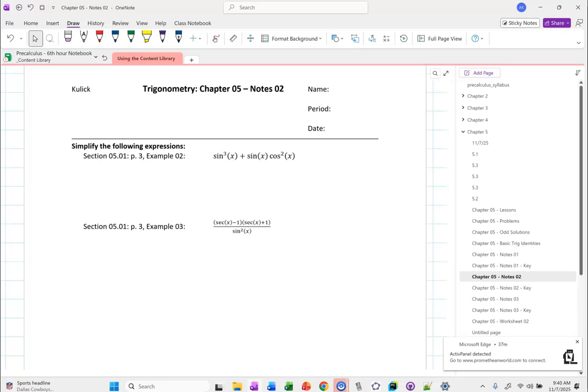Perfect. Yes, if I look at them, we should see a greatest common factor between them. What is the common factor between sine cubed x and sine x times cosine squared x? Sine x. Does everybody see that?